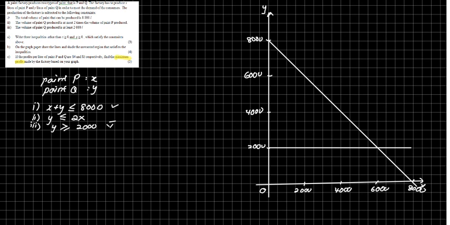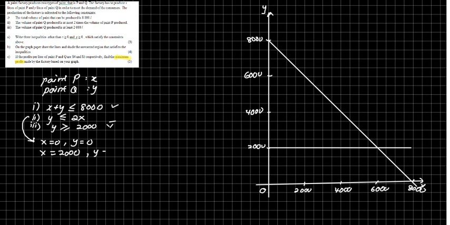The next one is y equals 2x. For this line, let's start with x equals 0. When x is 0, then y is 0, so the line passes through the origin. For the second value of x, you can choose any value on the axis. I will choose 2,000.